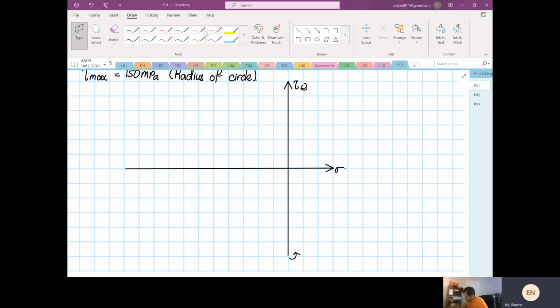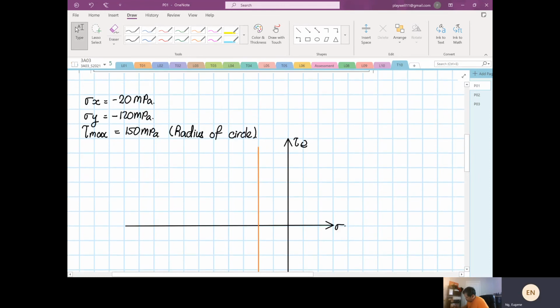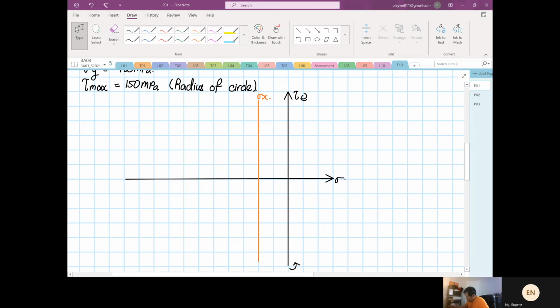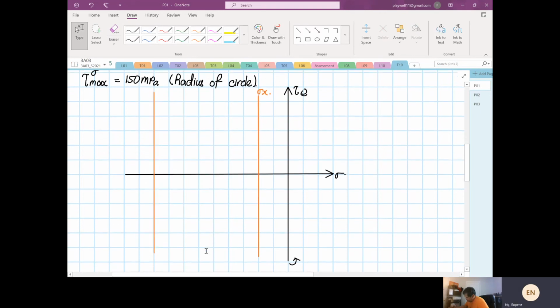So we are given that we have stress x, so this is our stress x line. Then we are also given that this is our stress y line.